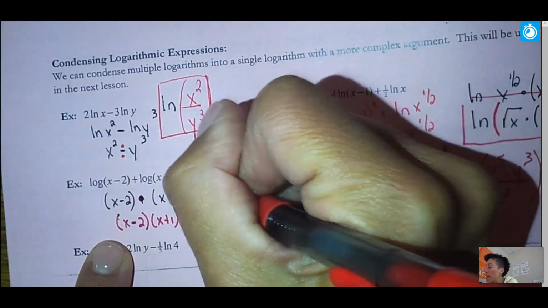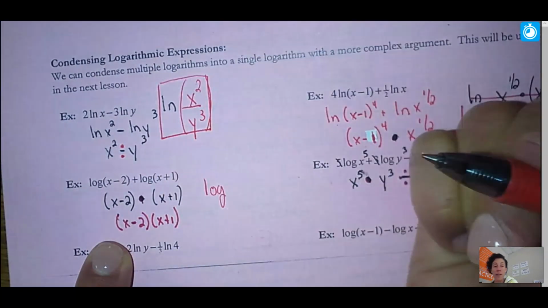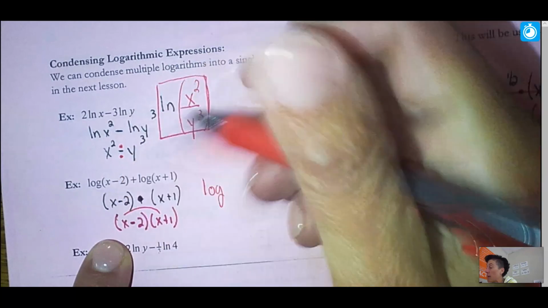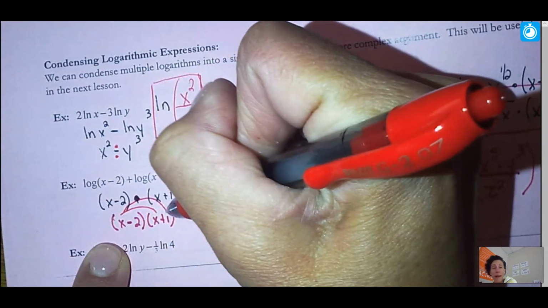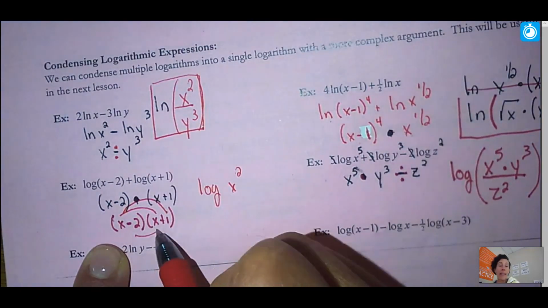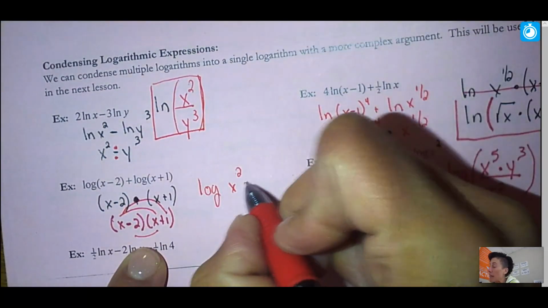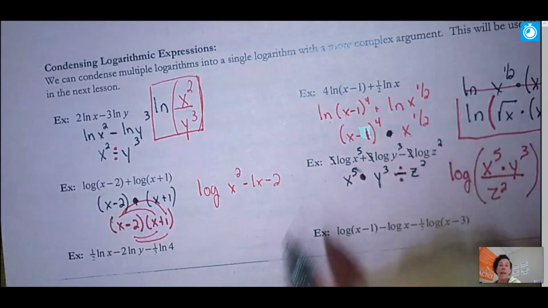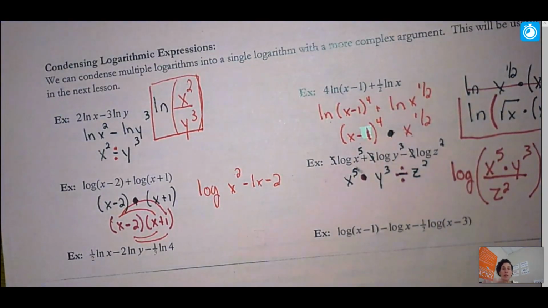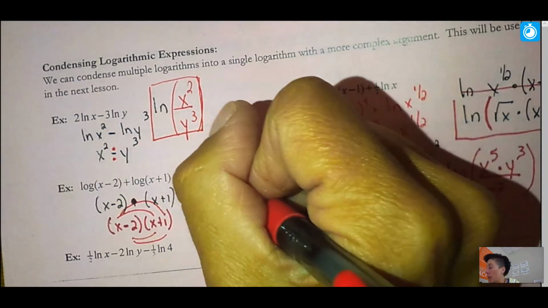So here goes my final answer. I will have the log with it, and I'll have x squared when those neighbors meet. When these neighbors meet, I get 1x, and when these neighbors meet, I get negative 2x, which gives me negative 1x. And then these neighbors meet, and I get negative 2. Now, this one is super important. All of this is part of the argument.